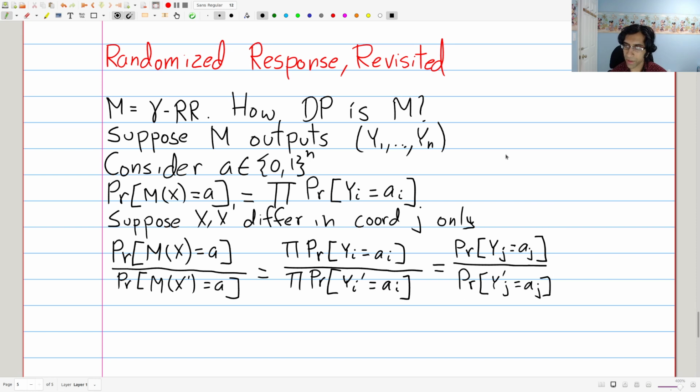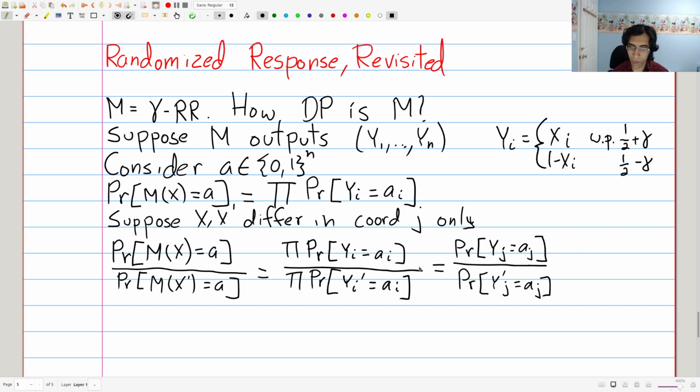Okay, now let's just recall what these values are. Well, this is just writing out randomized response again. This is going to be with probability 1/2 plus gamma, and this with probability 1/2 minus gamma.